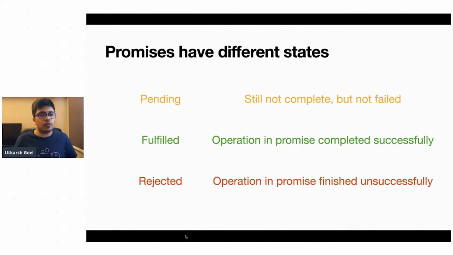One is the pending state, where the initializing callback is still not considered to be complete, but it's also not considered to have failed. The second state is the fulfilled state, where the initializing callback is considered to have completed successfully. And the third state is that the callback is considered to have finished unsuccessfully, or it has failed.